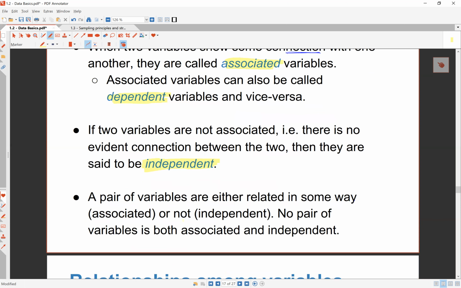So a pair of variables can only be one of these two things. They can either be related in some way, and therefore we call them associated variables, or they are not related in any way, and we call them independent variables. No pair of variables can be both associated and independent at the same time, because those are opposite concepts.